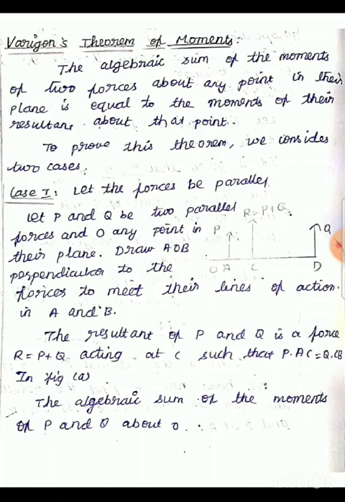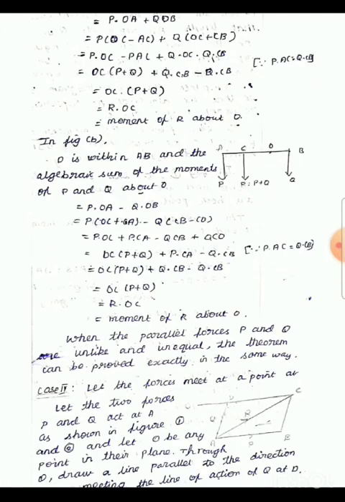P is a force, AC is the perpendicular distance for the force P, and CB is the perpendicular distance for the force Q. In the figure, we take the parallel forces P and Q, and they give a resultant force R equal to P plus Q. Therefore the algebraic sum of the moments of P and Q about O is P dot OA plus Q dot OB.